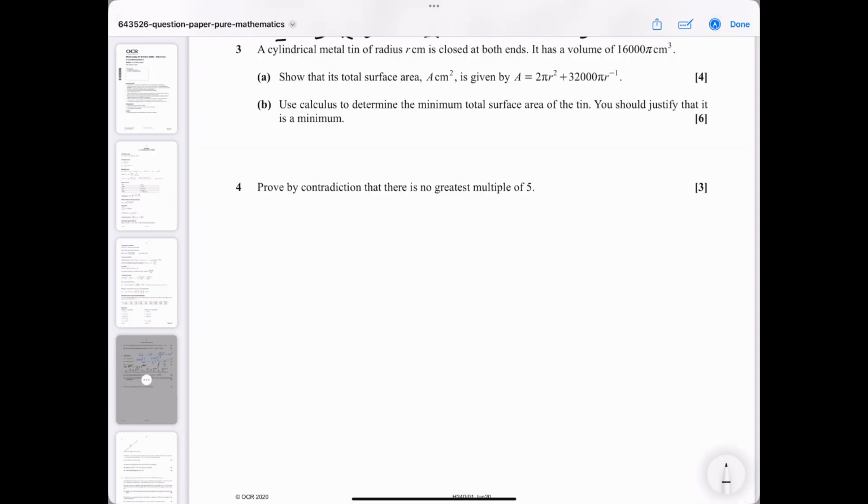So a cylindrical metal tin of radius r centimetres is closed at both ends, and it has a volume of 16,000 pi centimetres cubed.